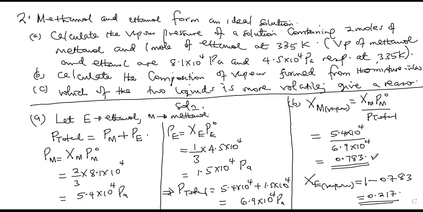The one with the higher composition, this has 0.783, this has 0.217. The one with a higher composition in vapor is the one that is more volatile, meaning that the boiling point of methanol is lower than the one of ethanol because it goes into the vapor phase very easily, meaning it requires low temperatures to go to vapor phase.